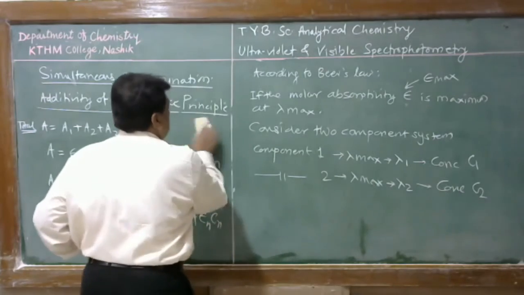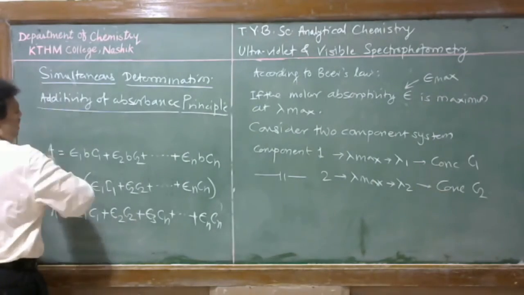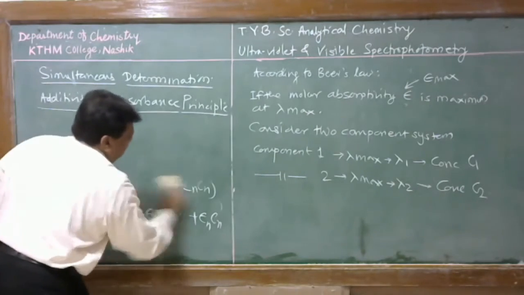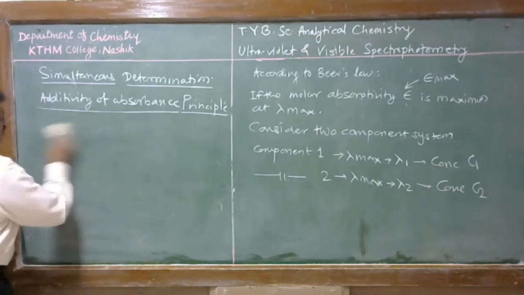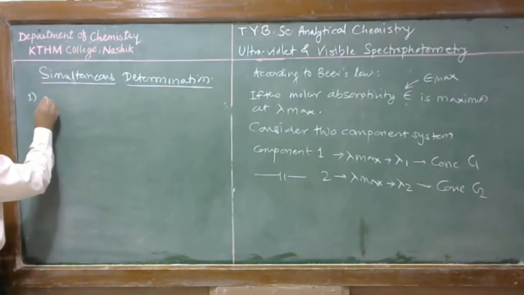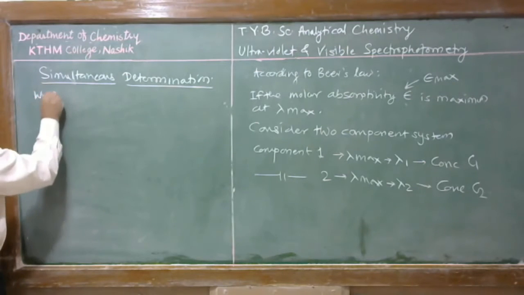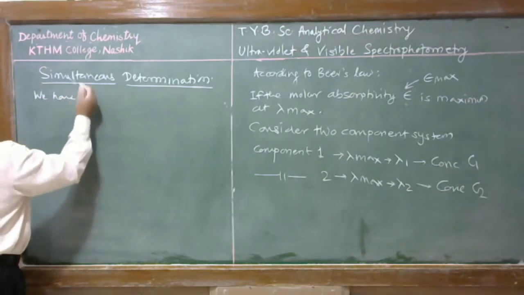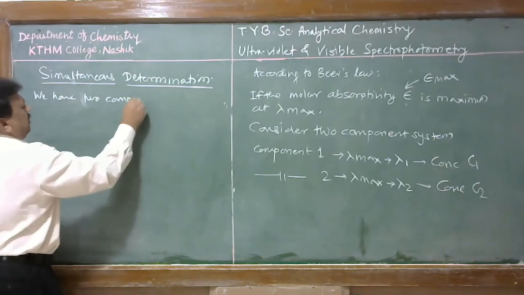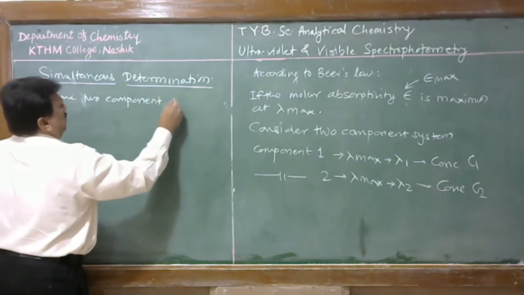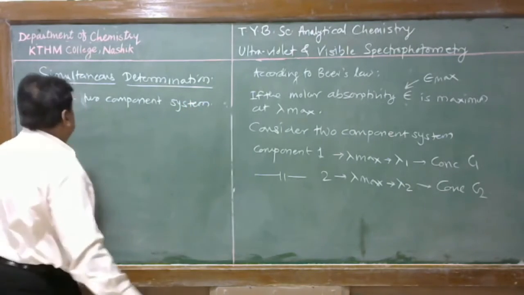Therefore, first of all we discuss the procedure for the simultaneous determination by means of additivity of absorbance. Here we have a two component system. That means we have to determine two components simultaneously.